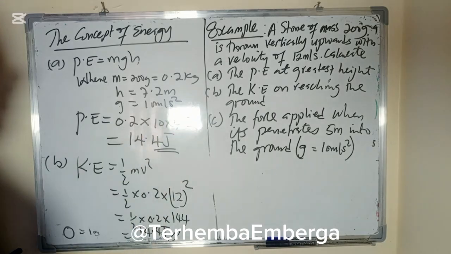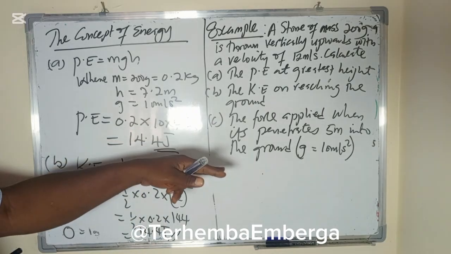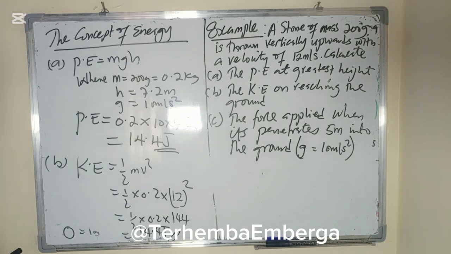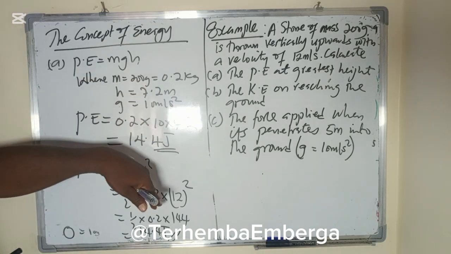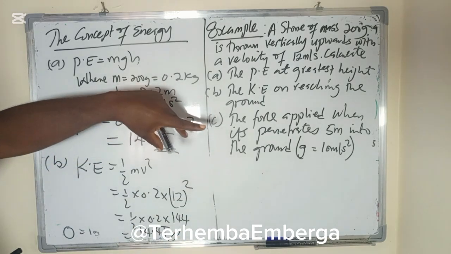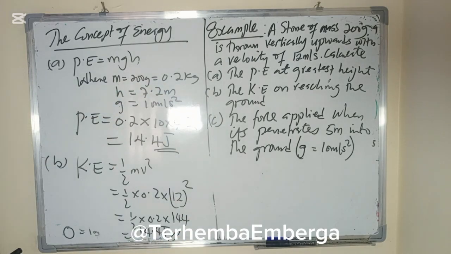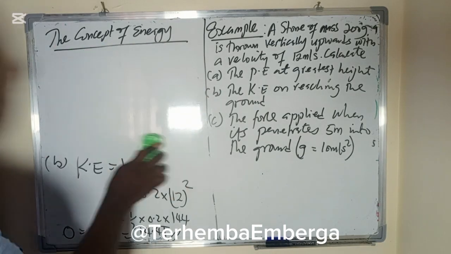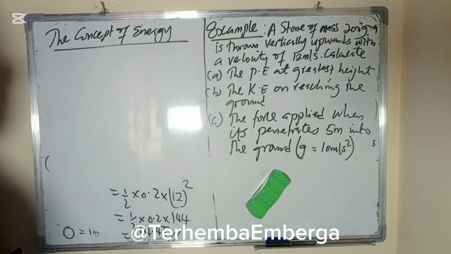The kinetic energy, applying the principles of conservation of energy, potential energy converted to kinetic energy. So that kinetic energy on hitting the ground will now be converted to work done.